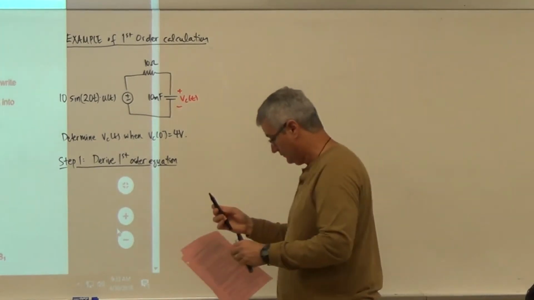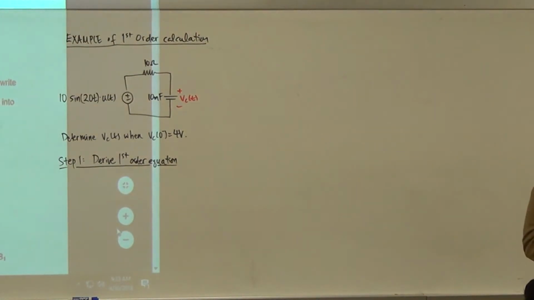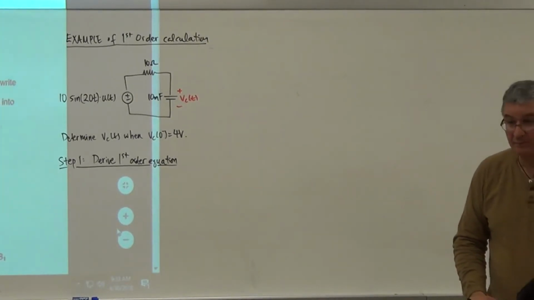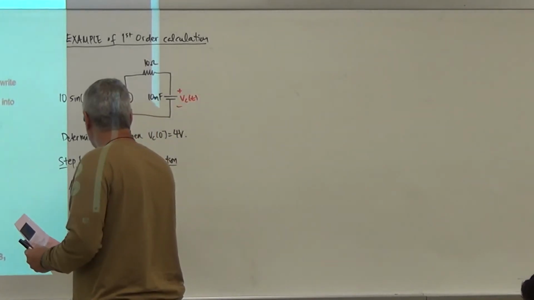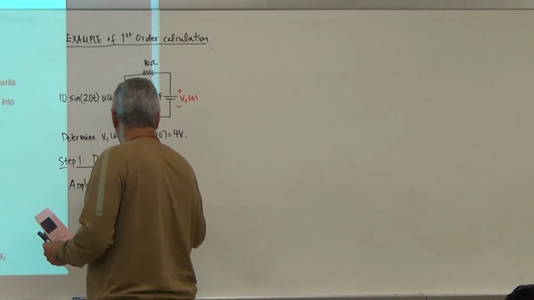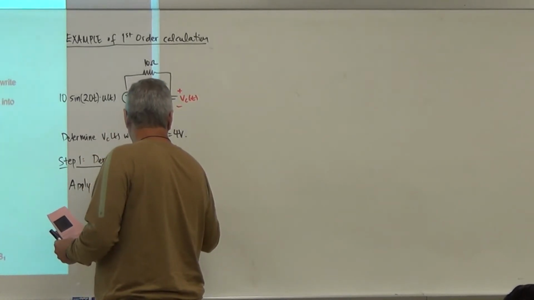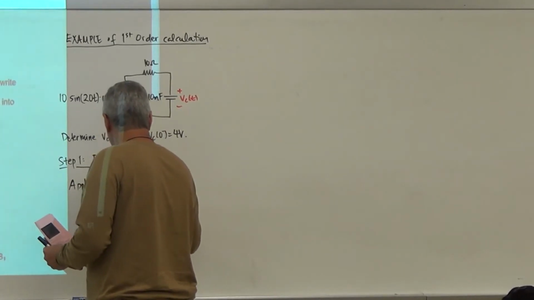So what do I want to do? Besides spill ink all over the place, I want to apply KVL. Okay, I want to apply KVL. Here we go. So right here, I'm going to apply KVL to connect IC and VC.